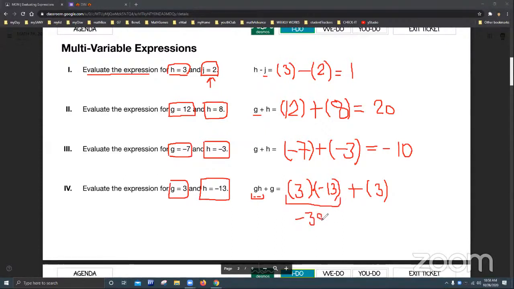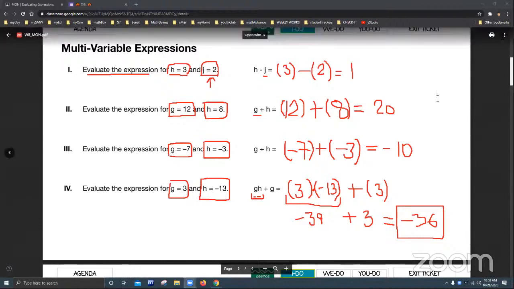And negative 39, you have plus 3. So now you can do the addition, and that becomes negative 36. Okay, so this is the kind of IXL practice that you will do today. I picked different kinds of questions that you may see in your practice.